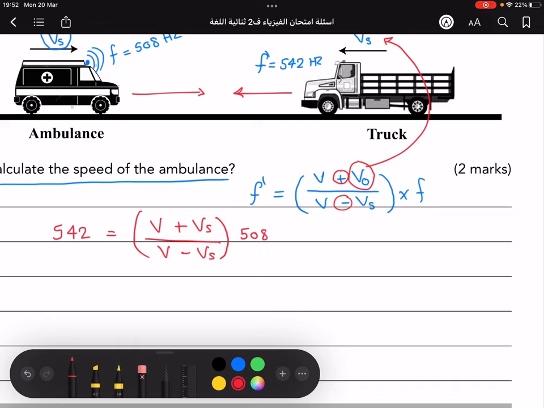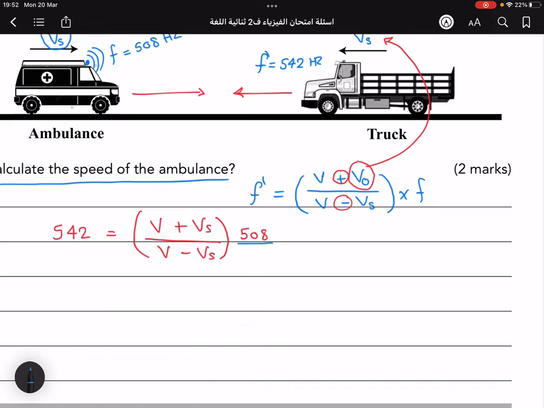Now to proceed with the solution, we need to divide by 508 to make it easier, here and here, and those cancel each other.